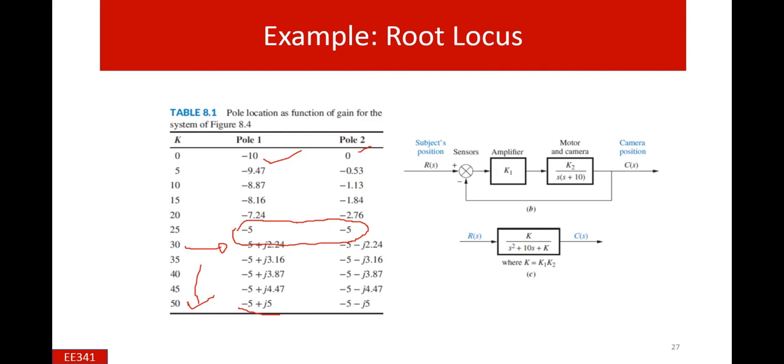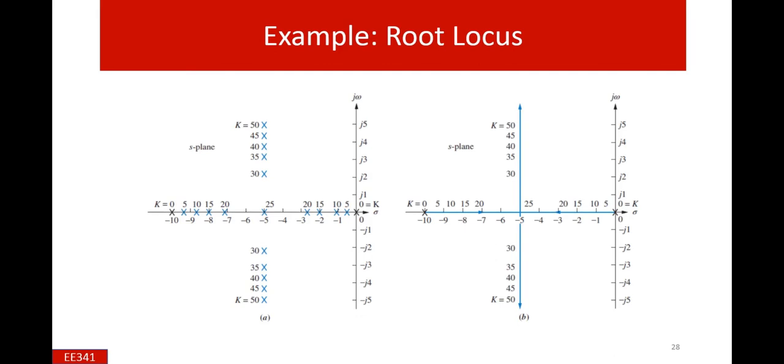Graphically, we see that with the variation of K, when K is equal to 0, one pole is at -1 and one pole is at 0. As we change K, one pole moves from 0 and the other from -1, moving toward each other. At K equal to 25, these two poles lie on the same point.